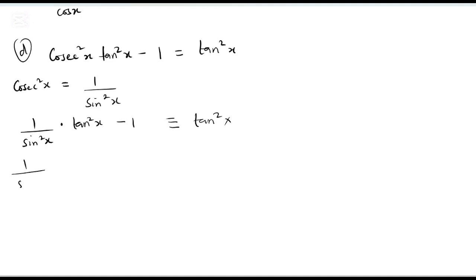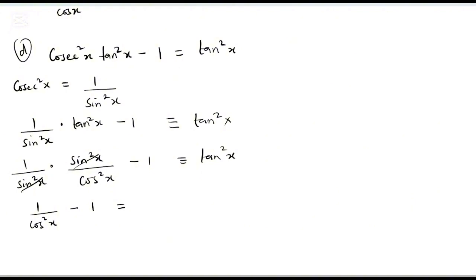So we have 1 over sine squared x multiplied by, you know that tan squared x is the same thing as sine squared x over cos squared x, then minus 1 equals tan squared x. So these cancel out, right? So we have 1 over cos squared x minus 1 should be equal to tan squared x.